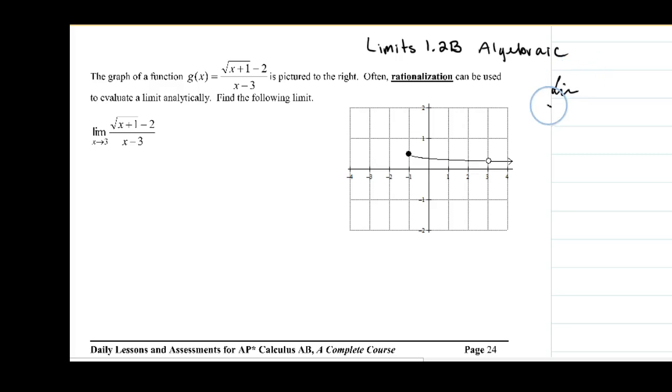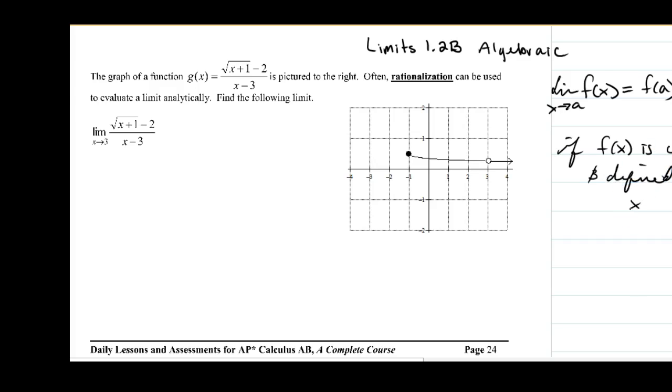Essentially, the limit as x approaches a of f of x equals f of a if f of x is continuous and defined at x equals a, or at that point. And we looked at the fact that, okay, when it's continuous, great, we can plug it in, that's direct substitution, and the value of the function equals the limit.